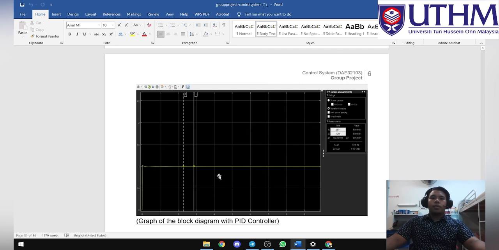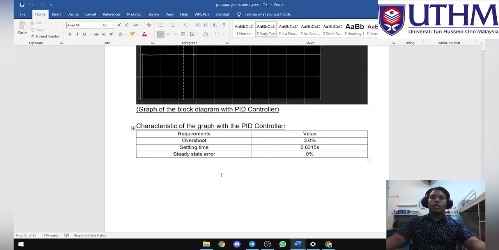This is the graph of the block diagram with PID controller, and the characteristics of the graph are overshoot 3%, settling time 0.0315 seconds, and steady state error 0%.